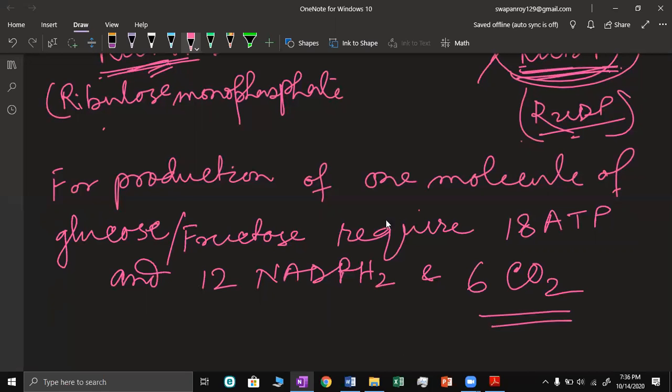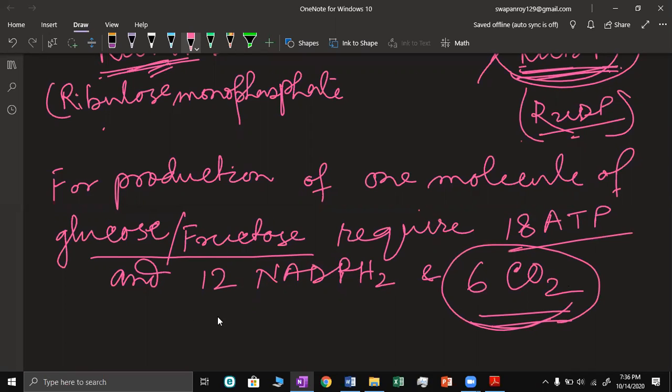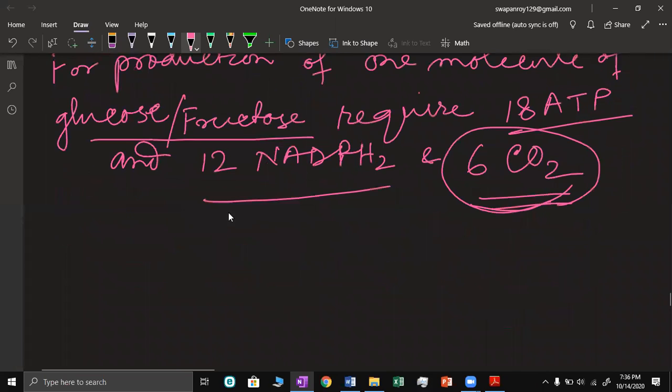So for each molecule of glucose or fructose to be produced, 6 molecules of carbon dioxide, 18 molecules of ATP and 12 molecules of NADPH2 are required.